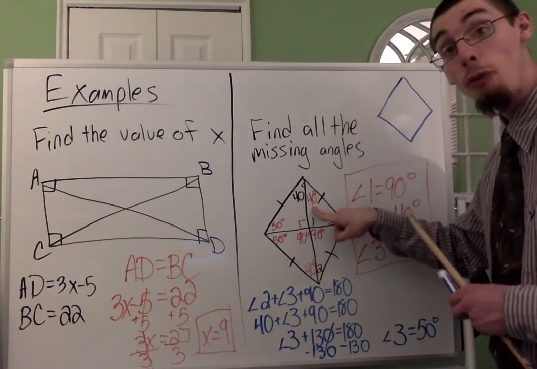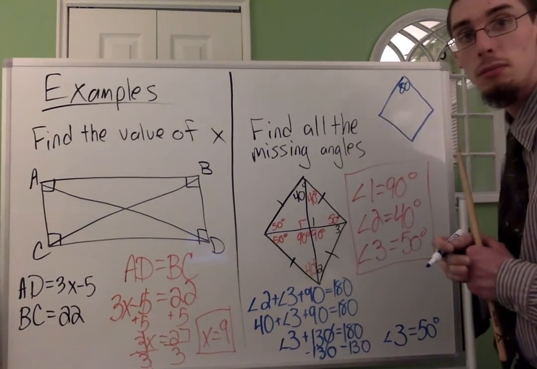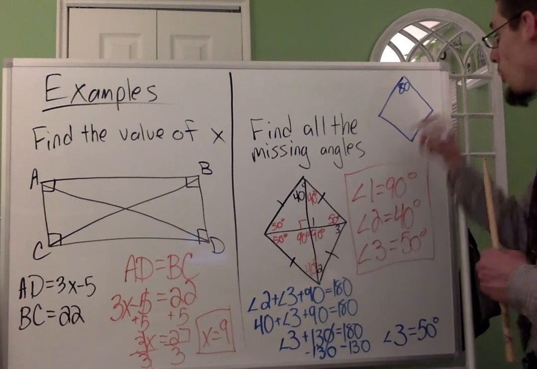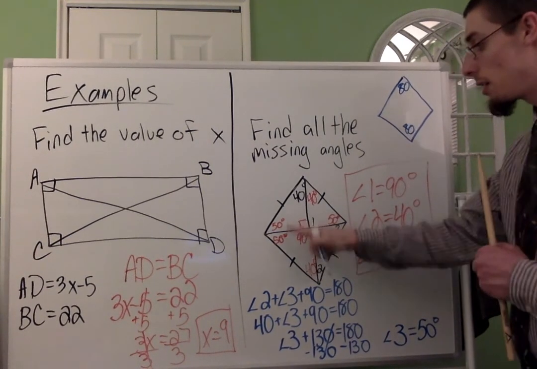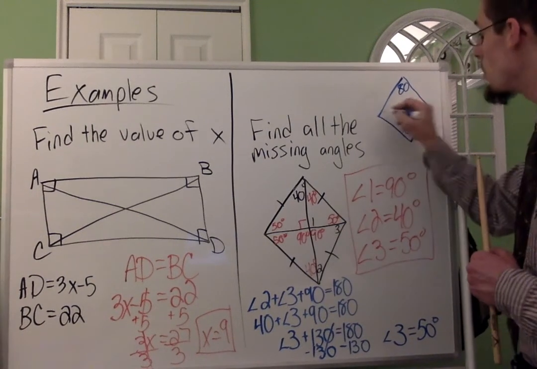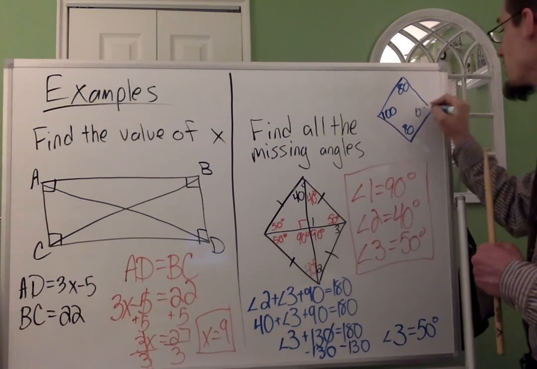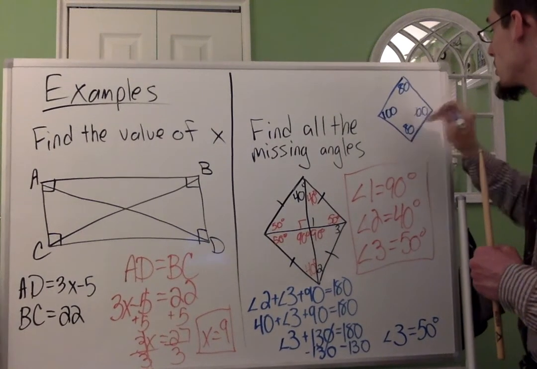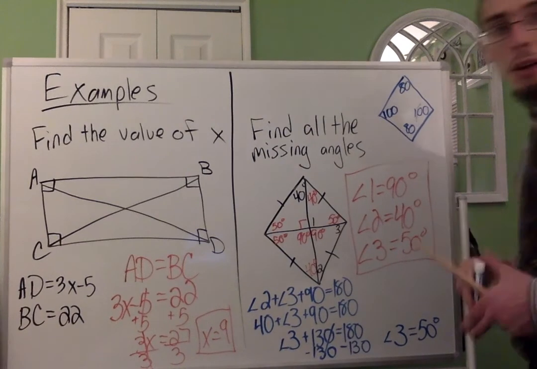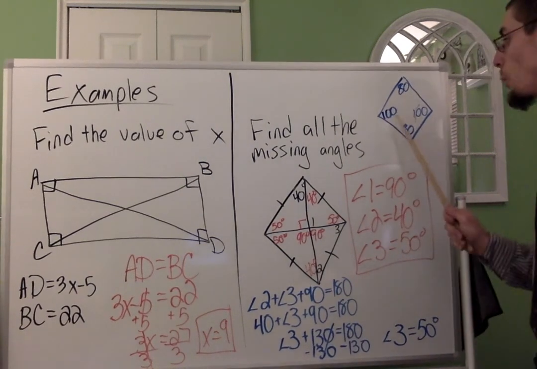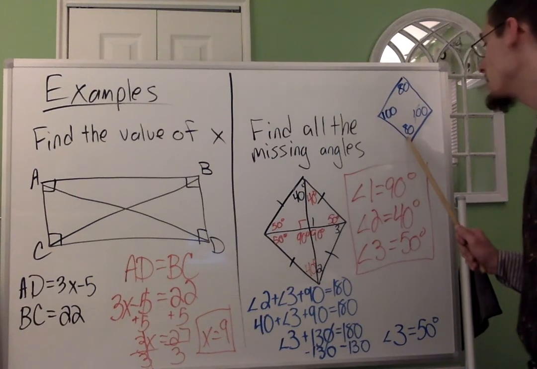If these two are 40, wouldn't that make this one 80 degrees? If these two are 40, this one's also 80 degrees. 50 and 50 would make this a 100 degree angle. 50 and 50 would make this 100 degrees. If I take 100 plus 80, that would be 180.